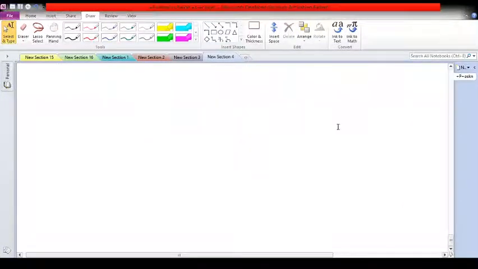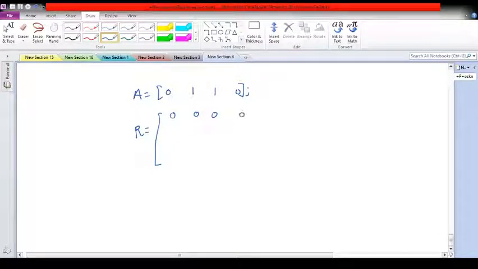Whereas in opposite to it, if I take classical logic, there you will definitely get the same. So again we'll take the same example we took in the last class, where A was given as 0, 1, 1, 0, and the relation matrix R obtained is, suppose, 0, 0, 0, 0, 1, 1.